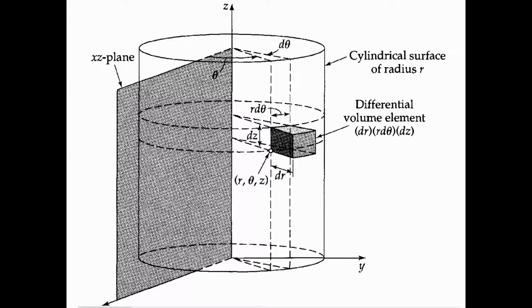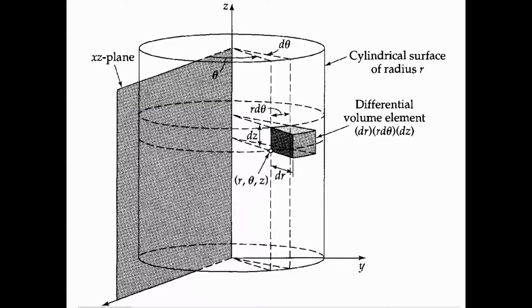So when I integrate, I have to take that into account. My volume integral, for instance, is not going to be a triple integral of dx, dy, dz. It's going to be a triple integral with my r, theta, and z going over whatever ranges, dr, r d theta, dz, because I have a curved coordinate system and I have to account for that.